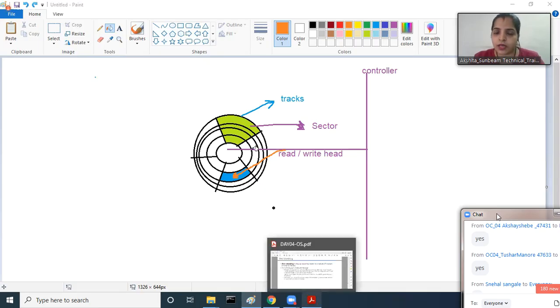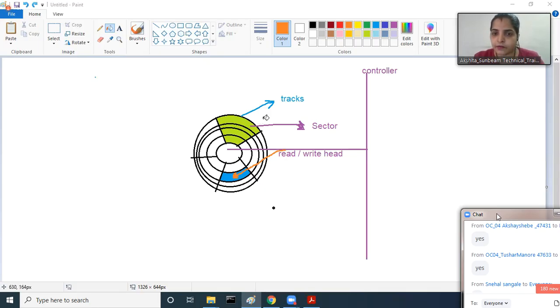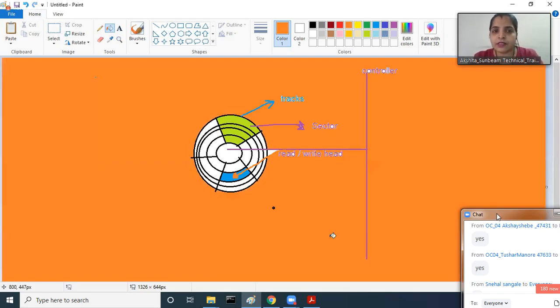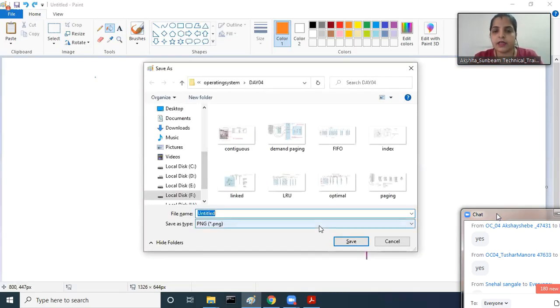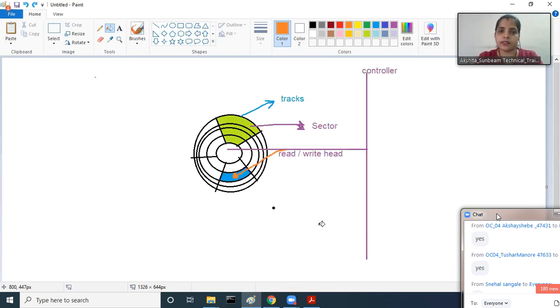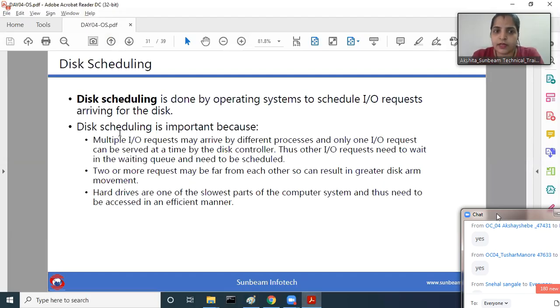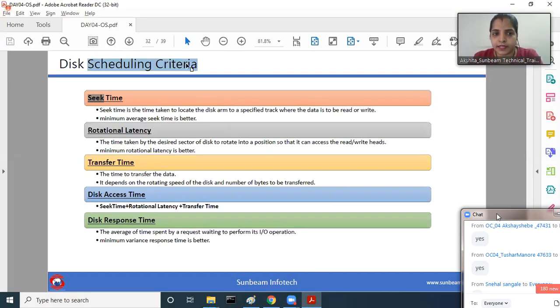So accessing the data from the disk using this read write head has certain criteria, right? And this is normally called the disk structure. I'll save this for your reference. Every disk has some criteria: one is seek time, another is rotational latency, then transfer time, disk access time, and disk response time.